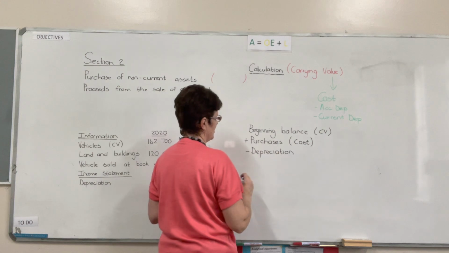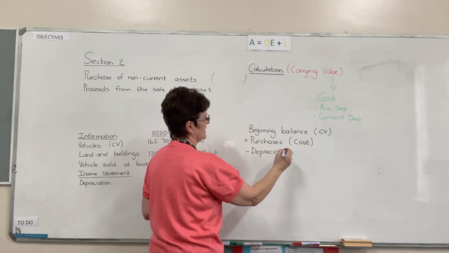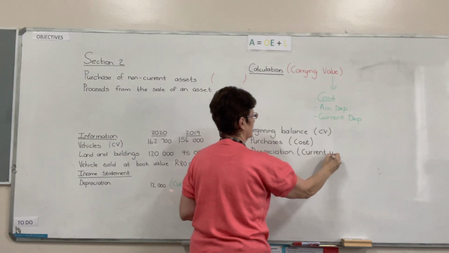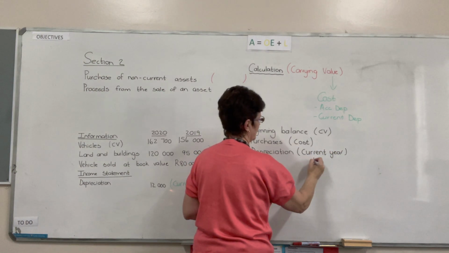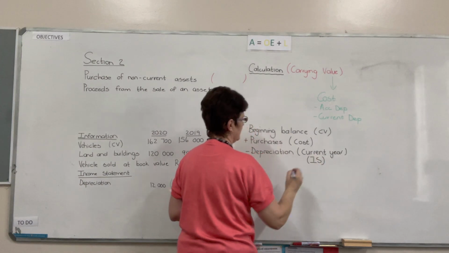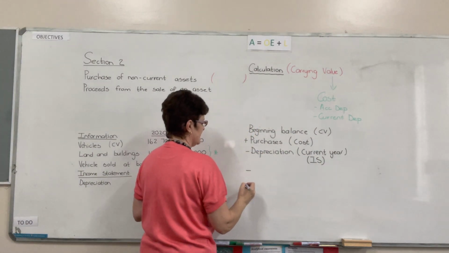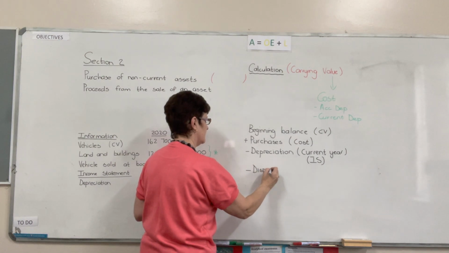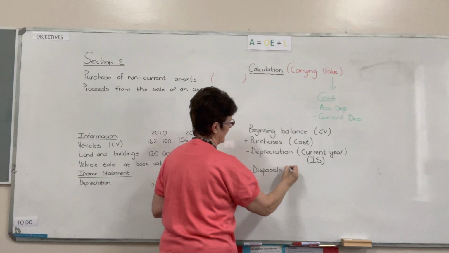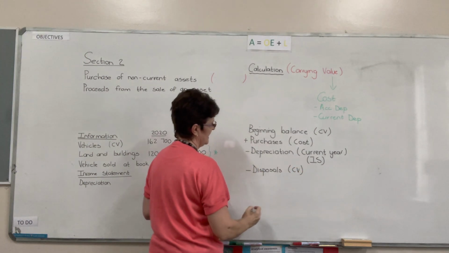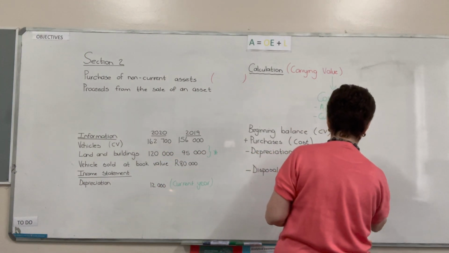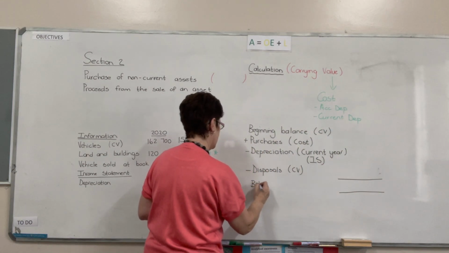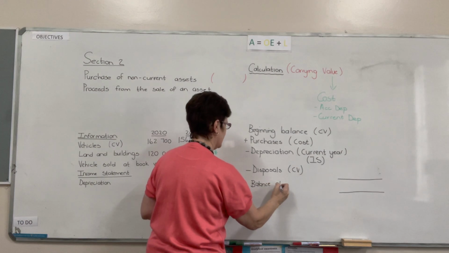Depreciation is the depreciation of the current year, or as per income statement, and minus any disposals, and this has to be at carrying value, and the answer is your balance at the end.